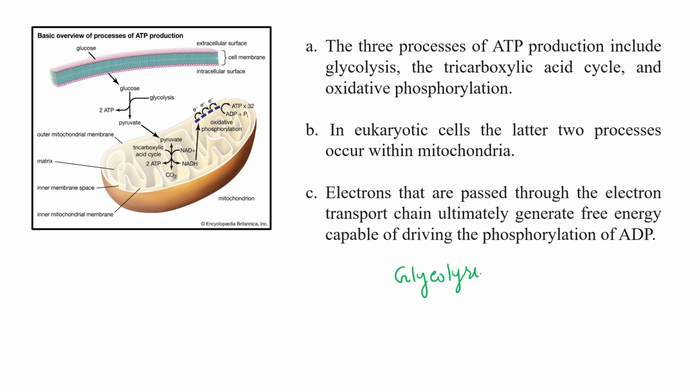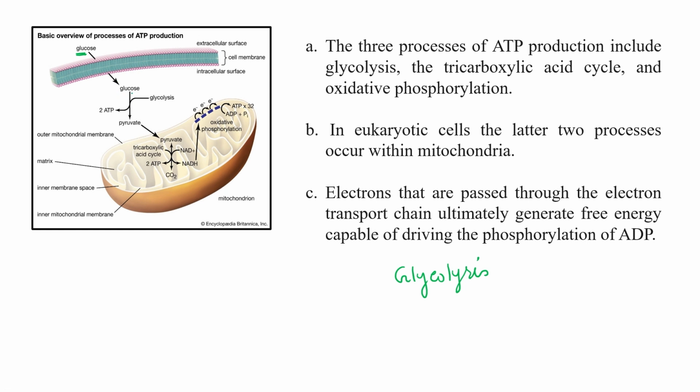As you can see over here, after eating some food, that food, mainly carbohydrate, gets converted into glucose, and this glucose immediately crosses the cell membrane and comes inside the cytoplasm of the cell, where it is utilized for the production of energy.